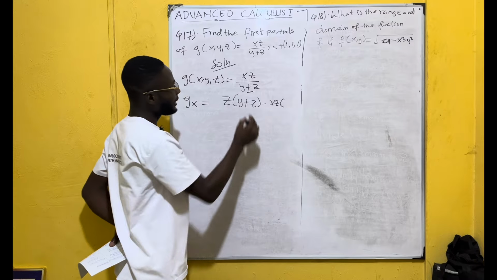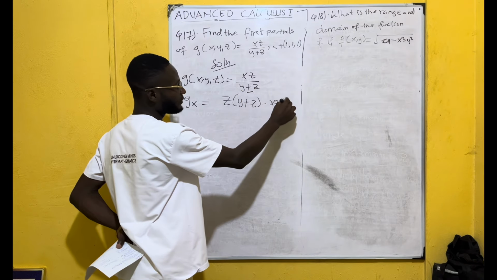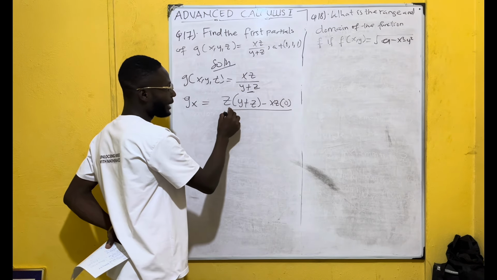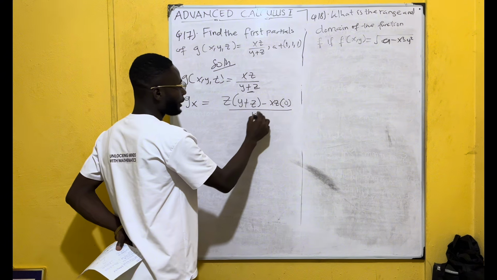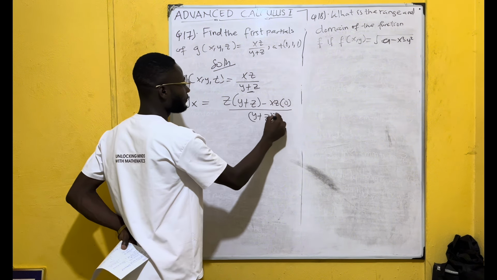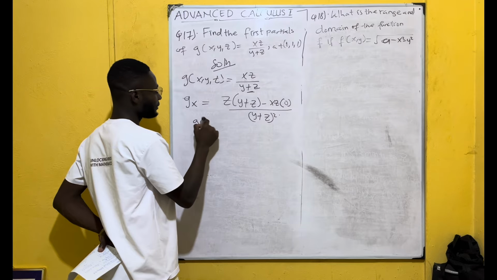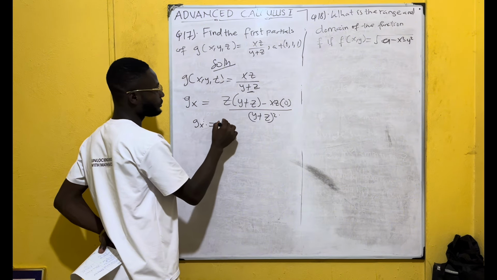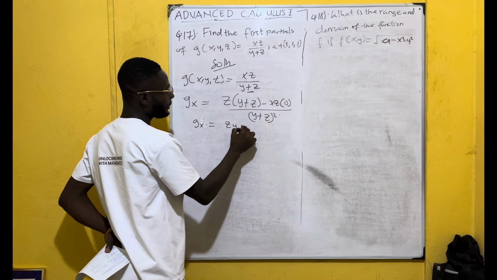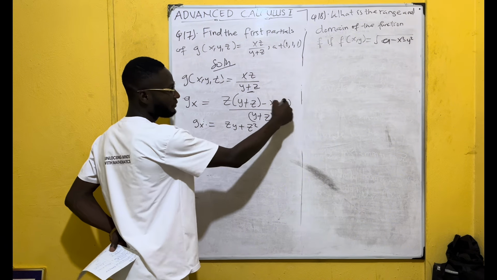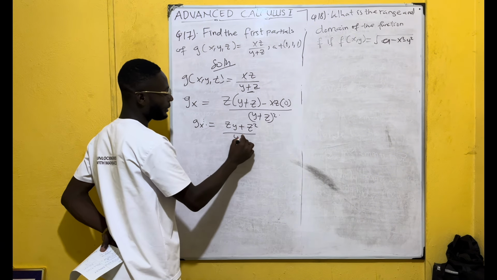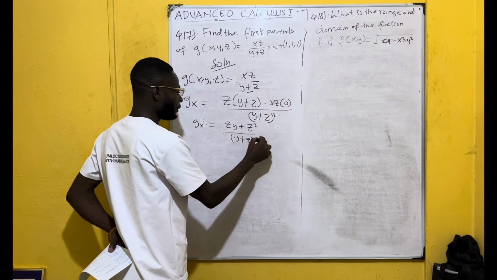With respect to x means that we are going to have 0 divided by the square of the denominator. Now, we have to simplify this. We have xz plus z squared. This will give us 0 divided by (y plus z) all squared.